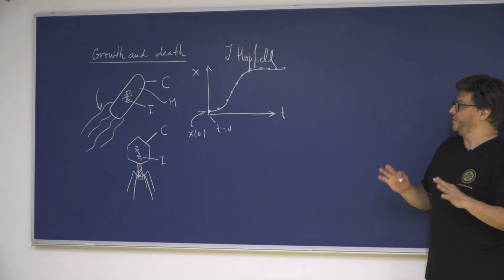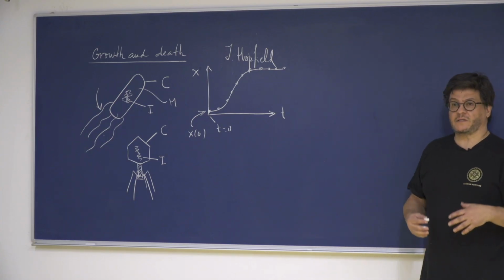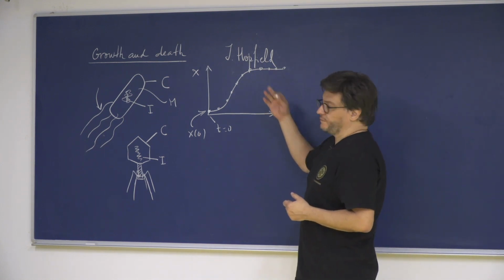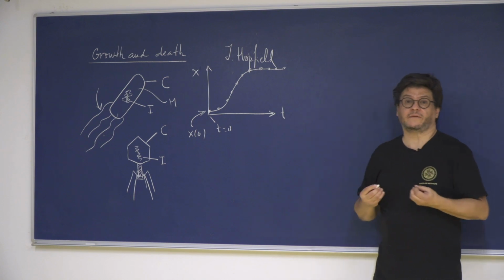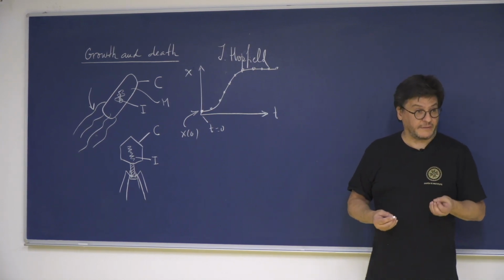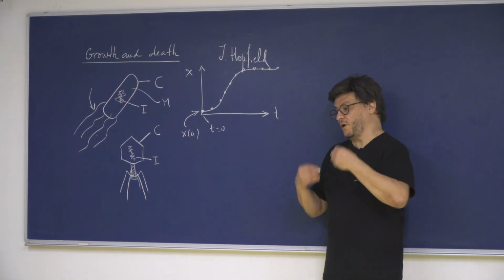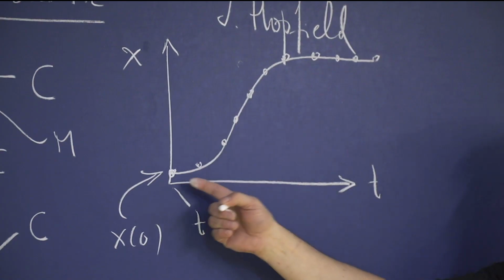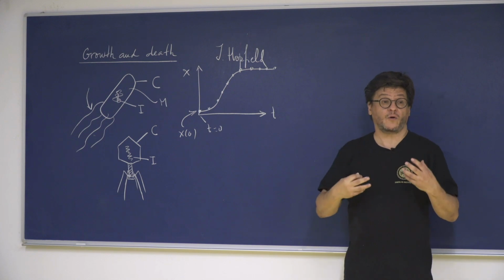We don't know what line this is exactly, but essentially it's a rapid growth followed by saturation. Why saturation? That's a very intuitive idea. Resources are limited, so you cannot grow beyond any limit. Whereas at the beginning, the situation is quite different. You have a lot of resources, you can grow quickly.